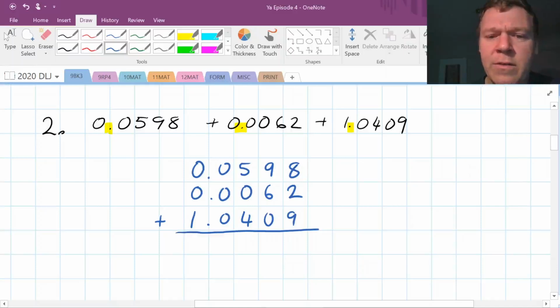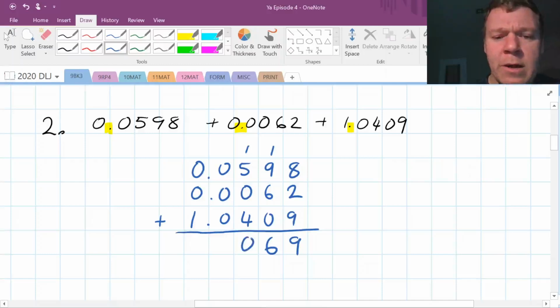9 and 2 is 11, plus 8 is 19. Carry 1 over. 1, 9 is 10, plus 6 is 16, plus 0 is 16. Carry 1 over. 1, 5 is 6, plus 4 is 10, so we've got a 0 here. Carry 1 up. And 1 and a lot of zeros, so it's just going to be a 1 there.